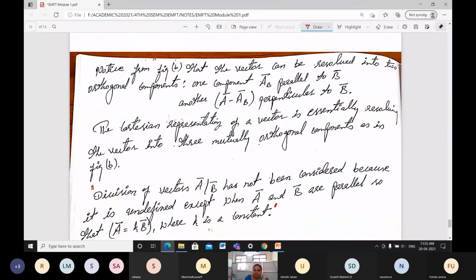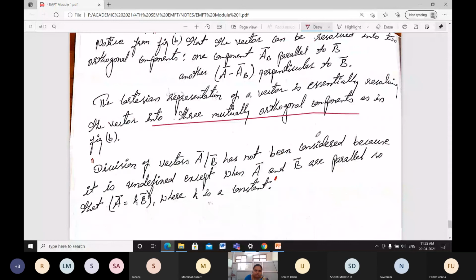Then the Cartesian representation of a vector is essentially resolving the vector into three mutually orthogonal components. Here it's not that important.